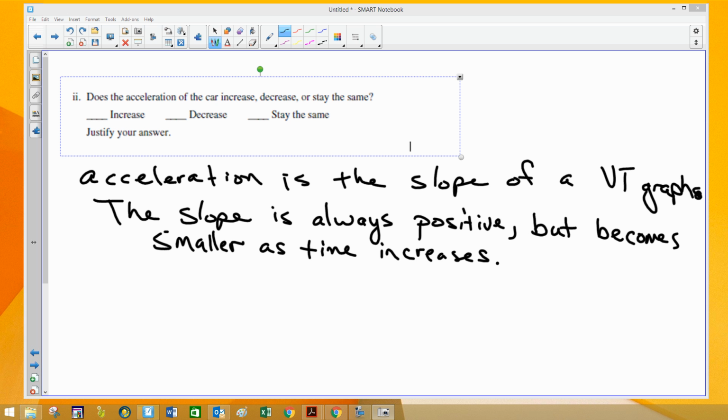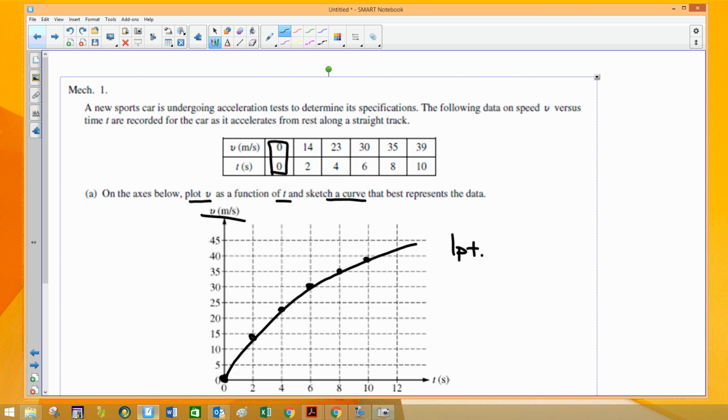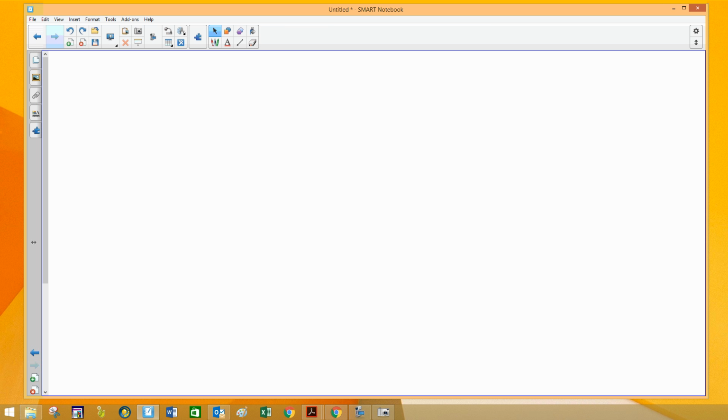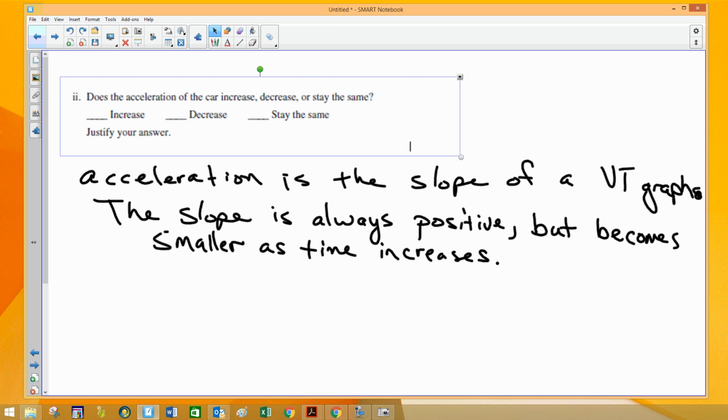What do you mean by that? So if we look back at the graph, as time goes along, as we go from 2 to 4, from 4 to 6, 6 to 8, notice that the slope becomes less. All right. So that was B II.